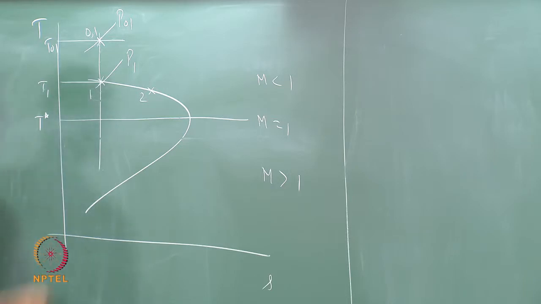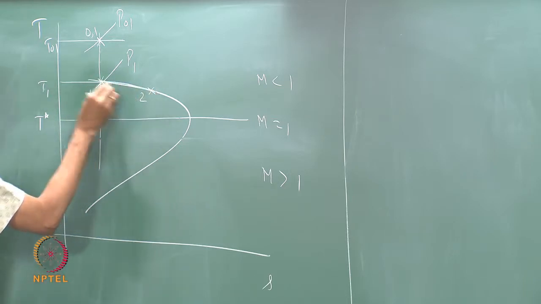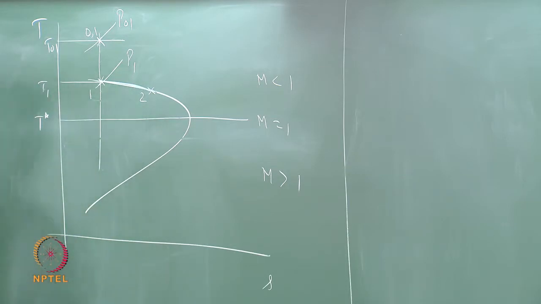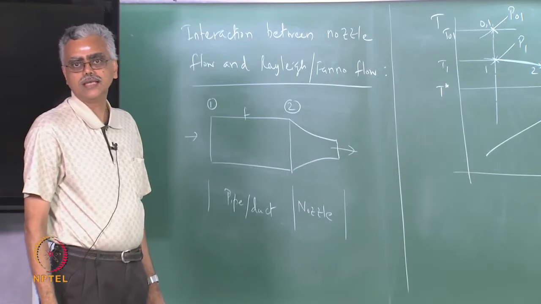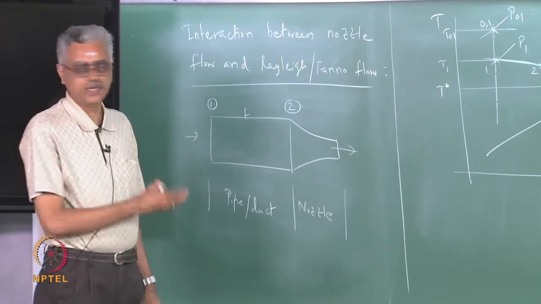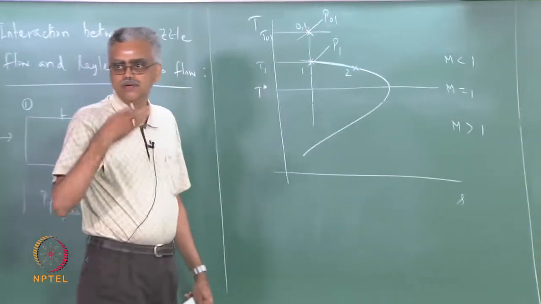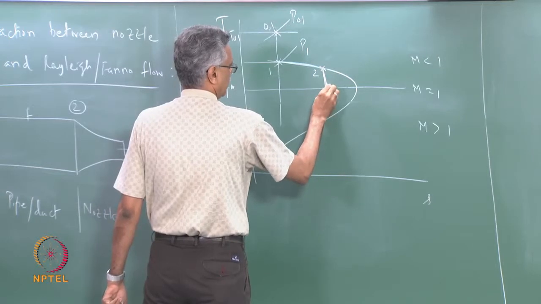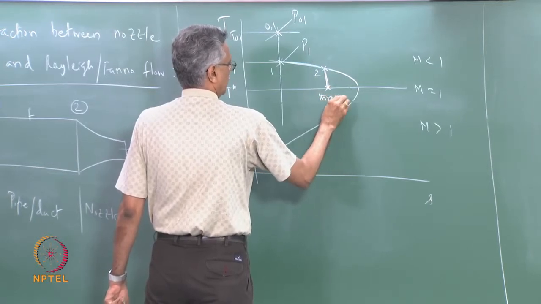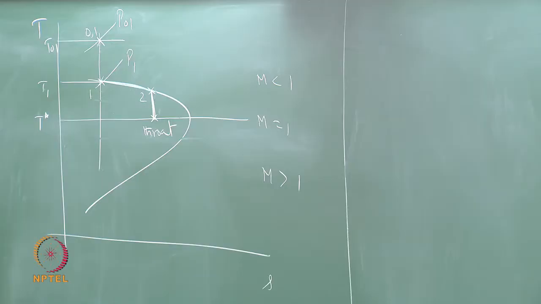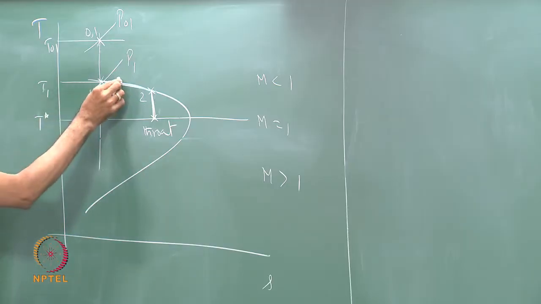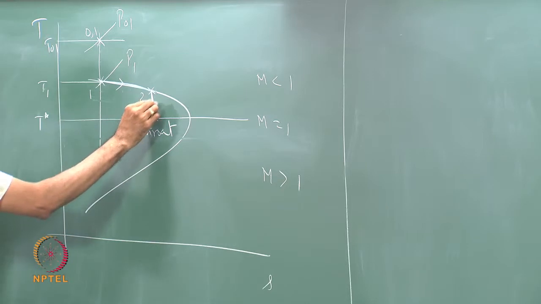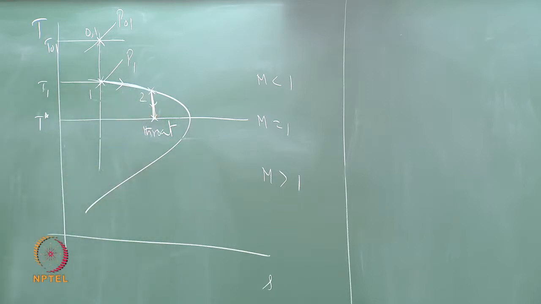So, I go from here to here along a Fano line, and from 2 to the throat section, this is an isentropic flow. So, that means I go from there to the throat section in a vertical line, right. So, I go from here to here along a vertical line. So, this is my throat section where we expect the Mach number to be 1 unless otherwise specified. Okay. So, I go from 1 to 2 along the Fano line, and then I go from here to here along an isentropic path.